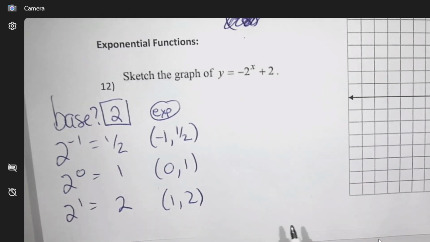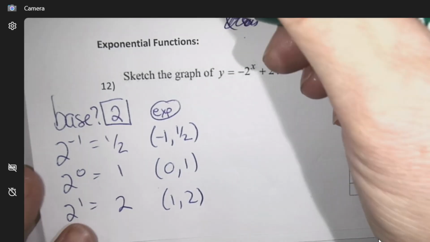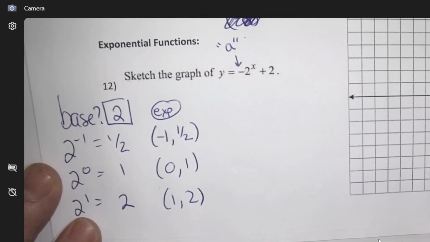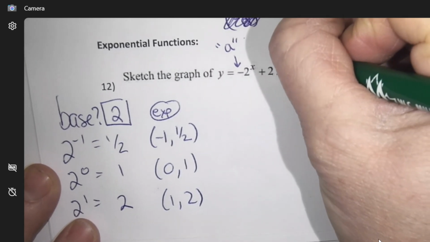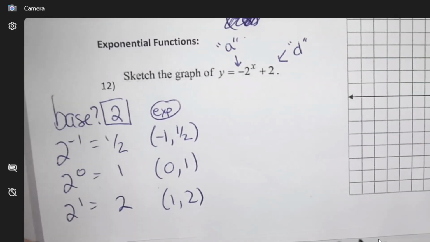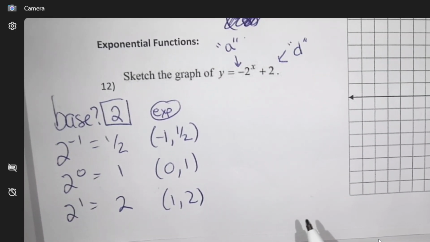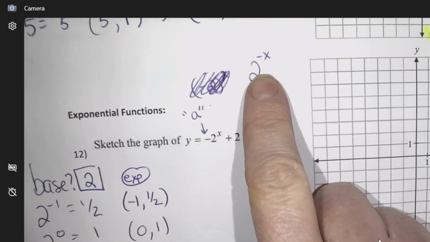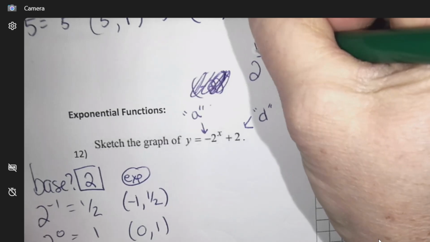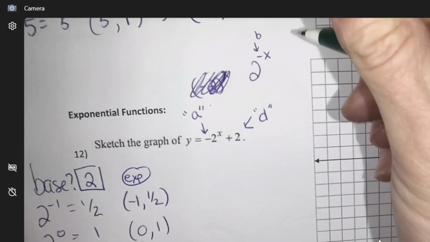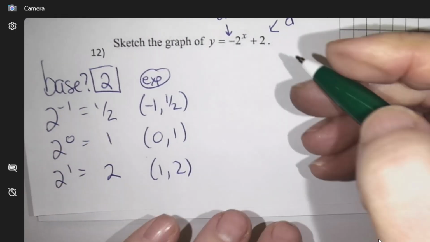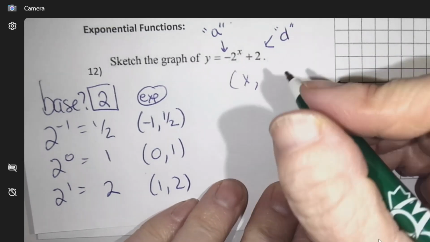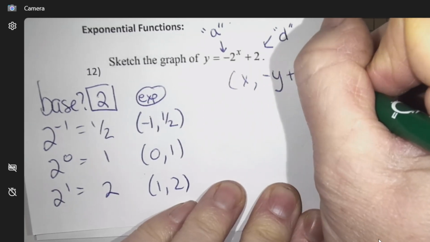Now, transformation language. A, B, C, D. A and a D. Okay, do you want to know what a B would look like? That would be a B, right? Because it's with the X part of it. Okay, so we're going to go nothing to X values. And we're going to negate Y and add 2.